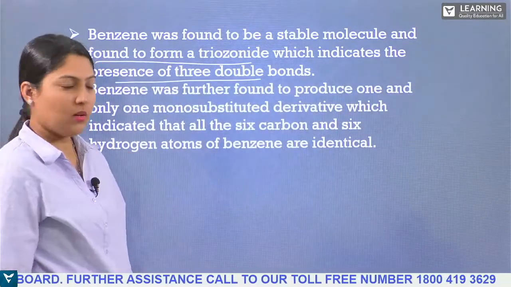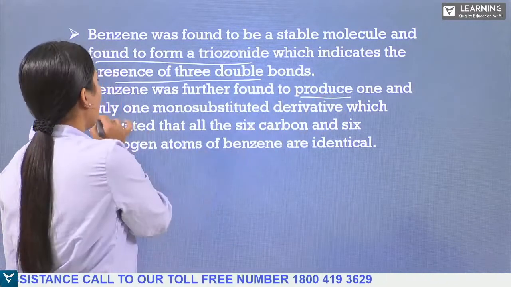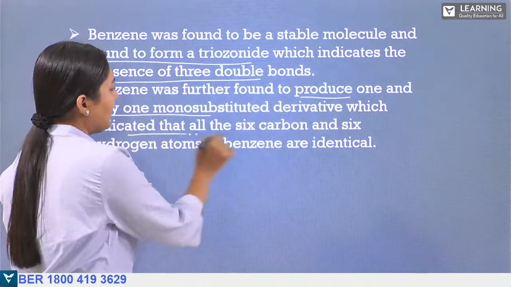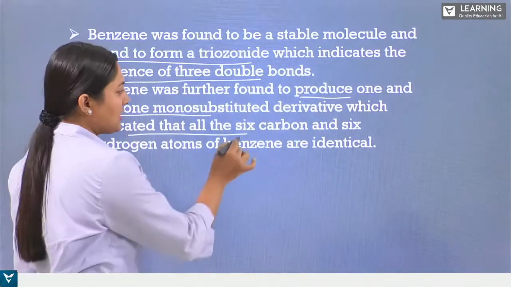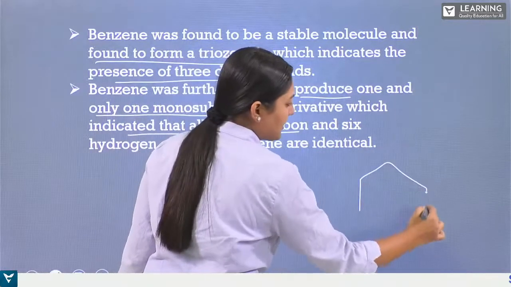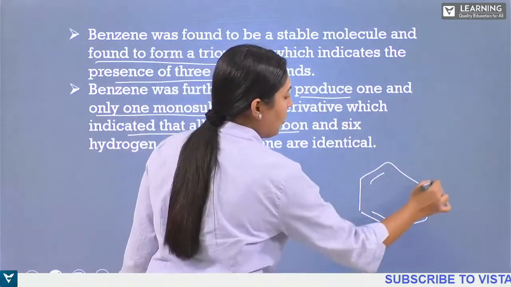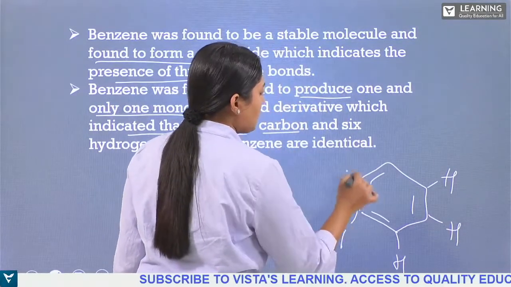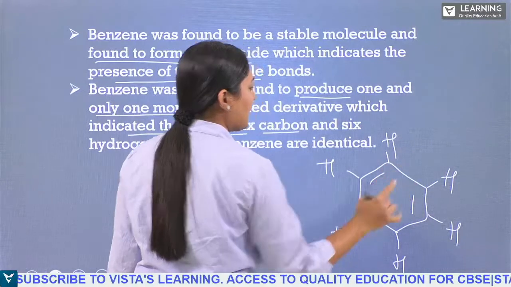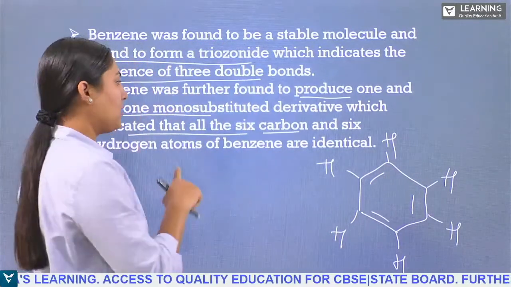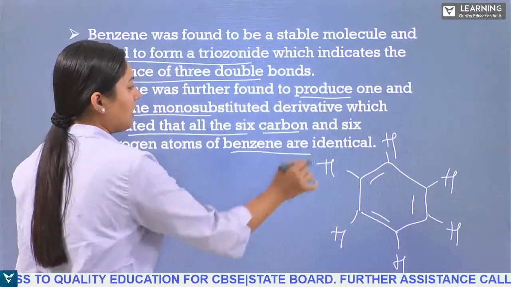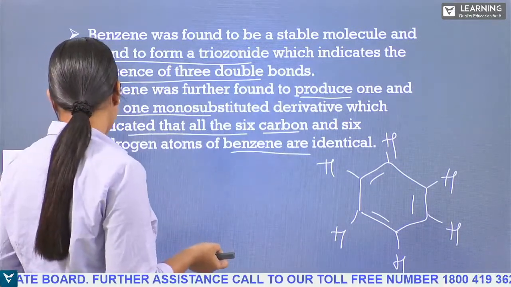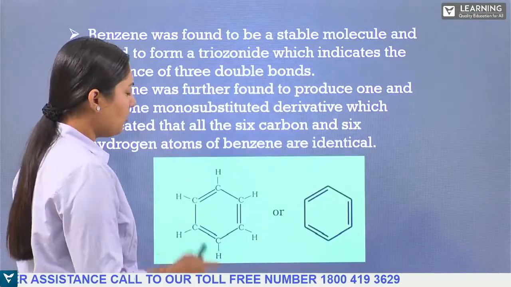Benzene was further found to produce one and only one mono substituted derivative, which indicated that all the 6 carbon atoms, if you take the benzene ring, will have similar hydrogen atoms. So the substitution takes place with only one hydrogen atom, since they are identical hydrogen atoms, which leads to the mono substitution or mono derivative.